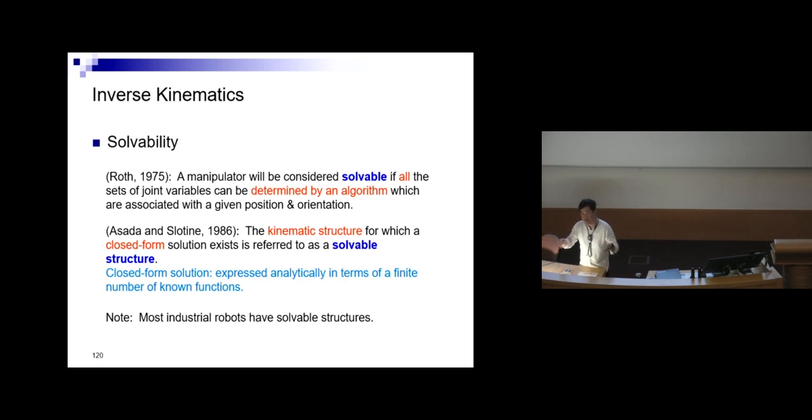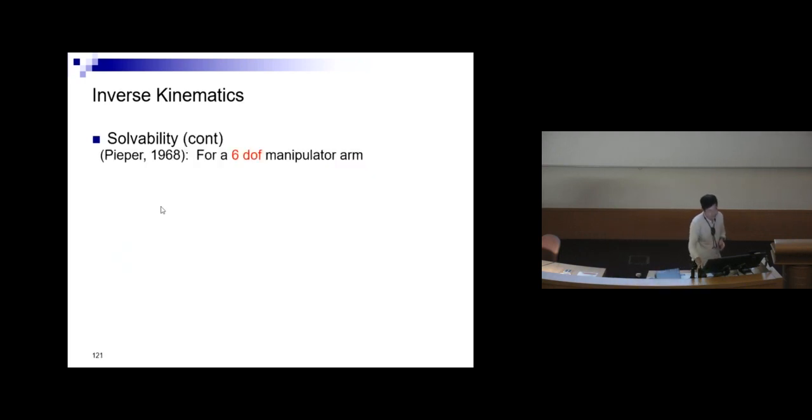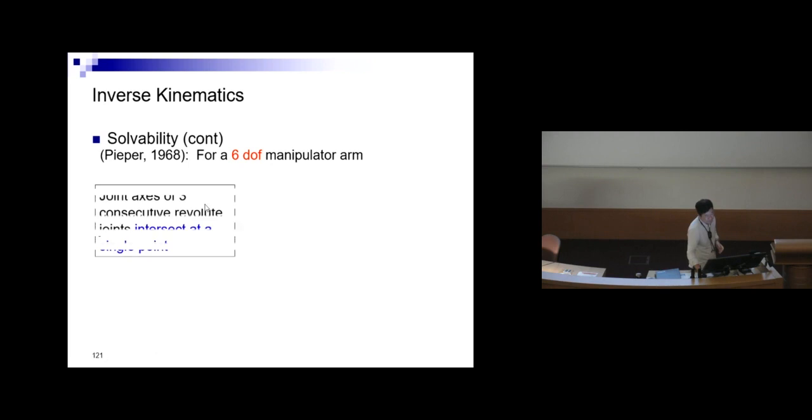For many applications, we simply use a robotic manipulator arm, so in industry you see it. But there are cases where you need to have a specialized robot. So these are the definitions of solvability.